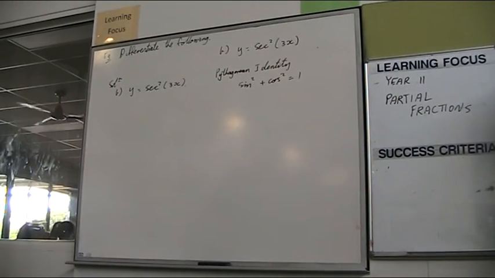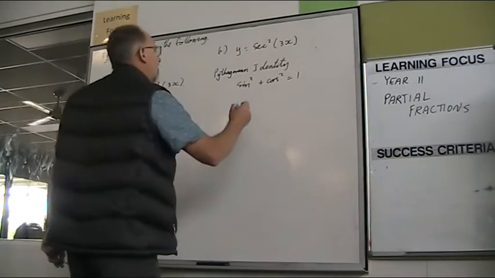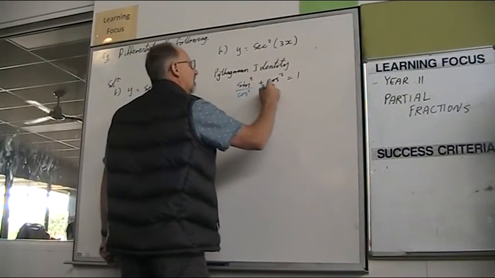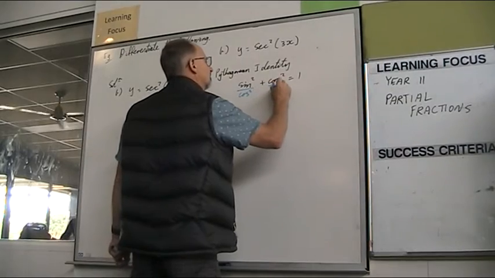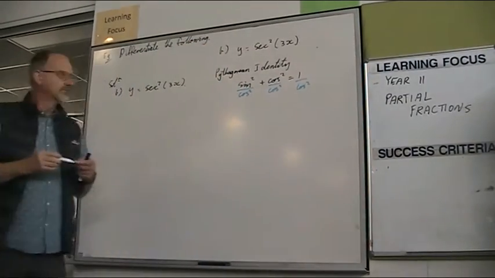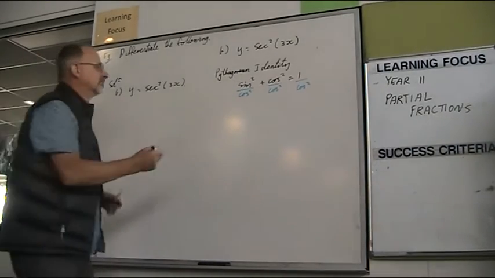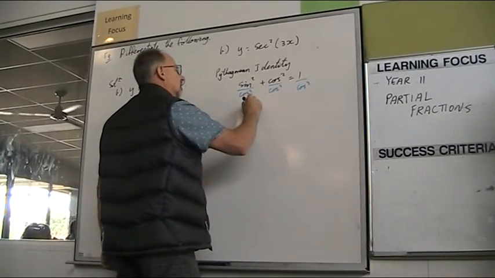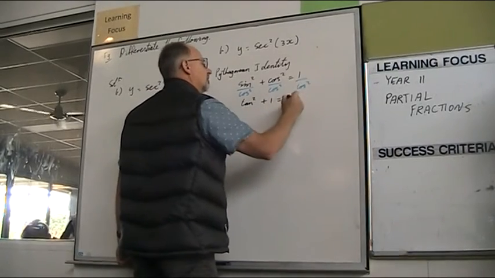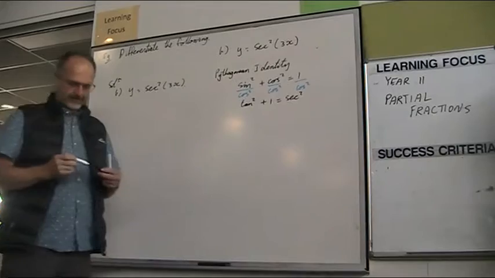Now if I take that Pythagorean identity and I divide by cos squared, I end up with tan squared plus 1 equals 1 on cos squared, and 1 on cos squared is sec squared.